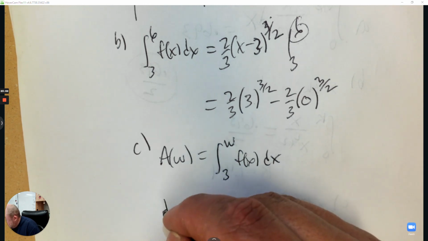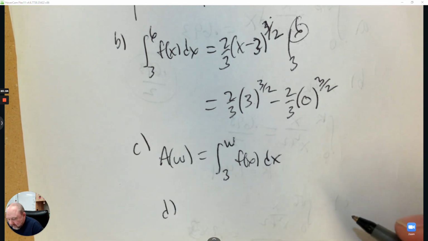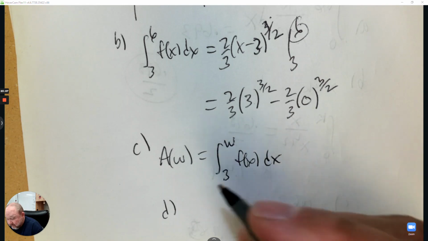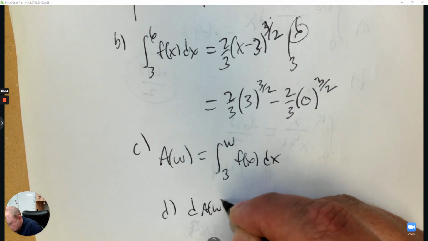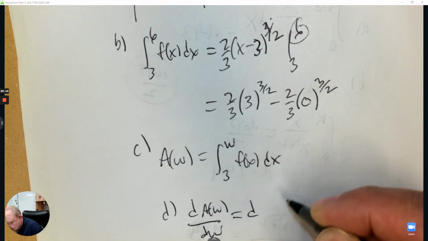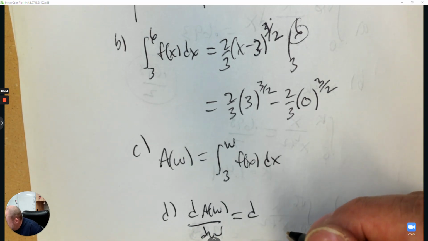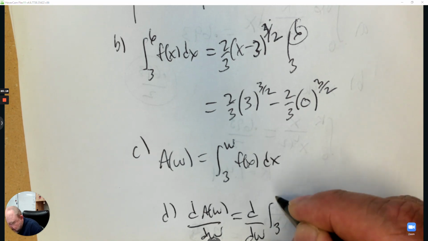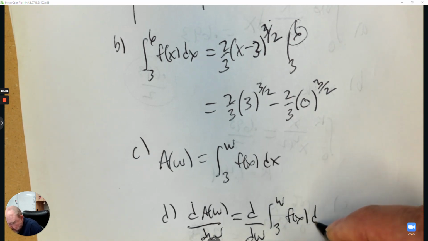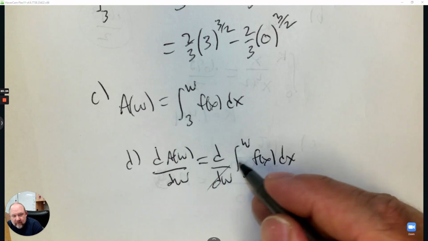Then part D says find the rate of change. That means find the derivative of this. Now what's going to happen with the derivative and the integration?